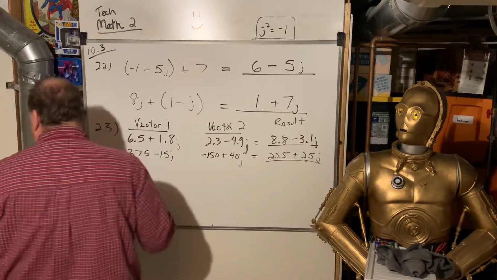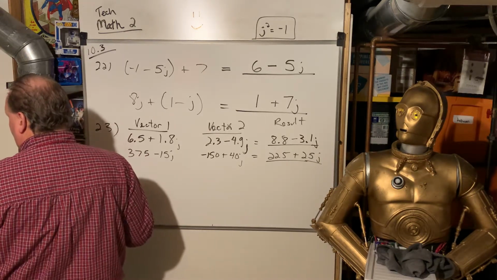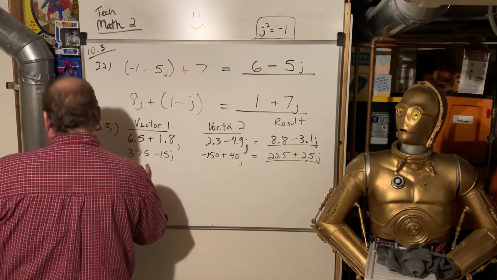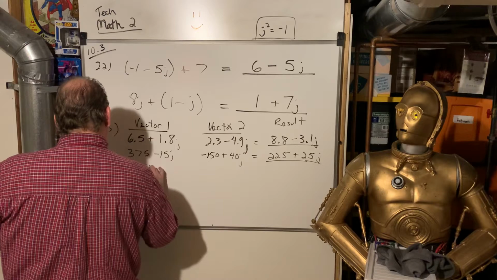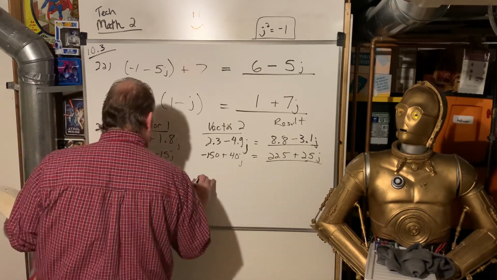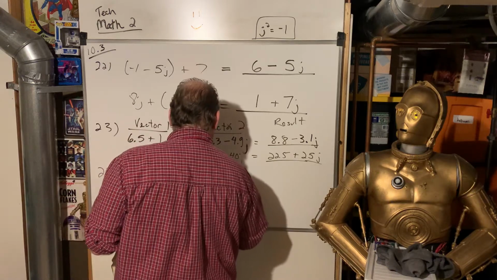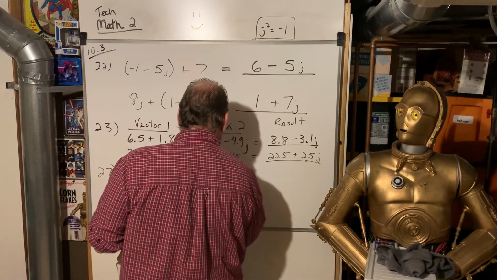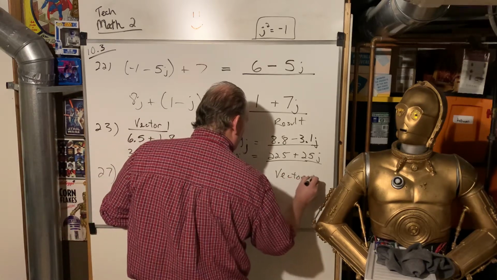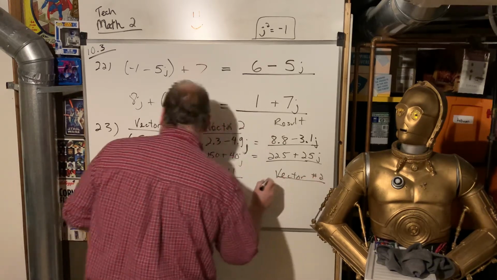All right, let's take a look at 27. What if they give you the resultant? Okay, and then they give you a vector 1, and then they tell you to find vector number 2. So check it out.